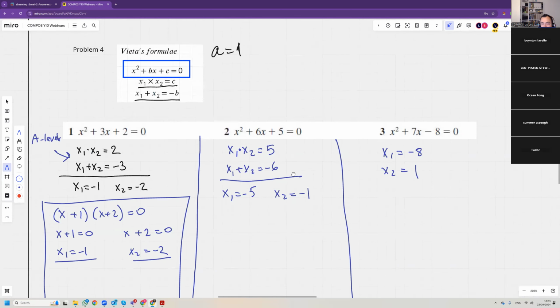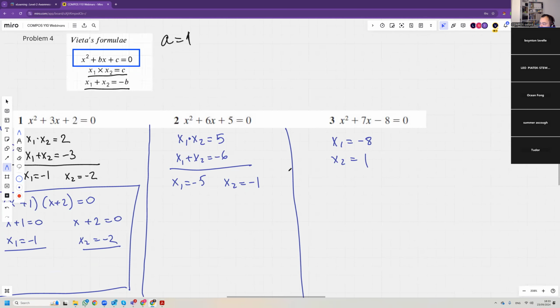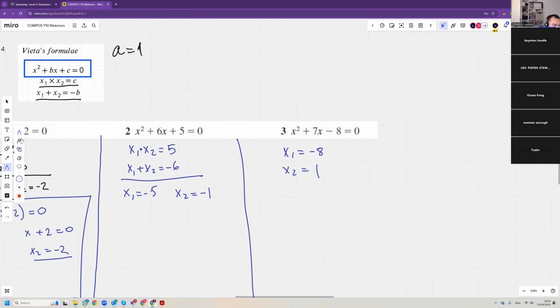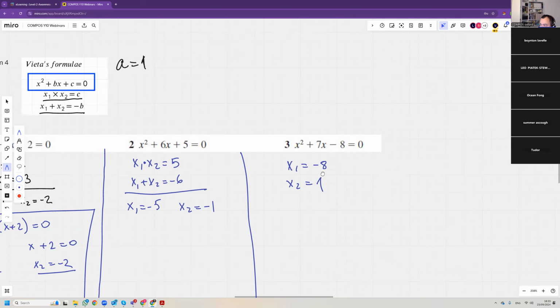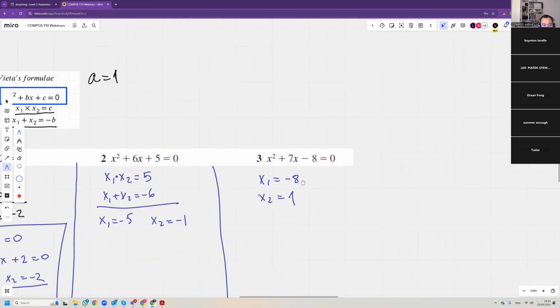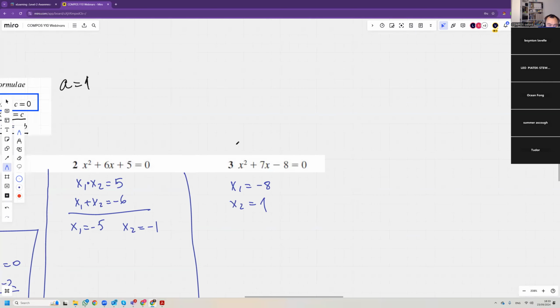Okay, so there's a question. Shouldn't this be 8 and minus 1? But it's not. If you factorize it, it's going to be x plus 8 and x minus 1 equals 0.